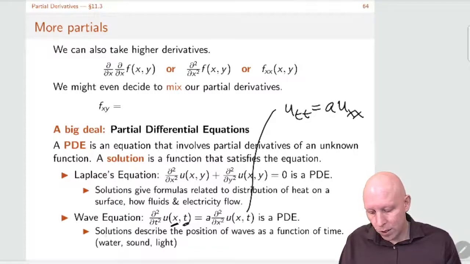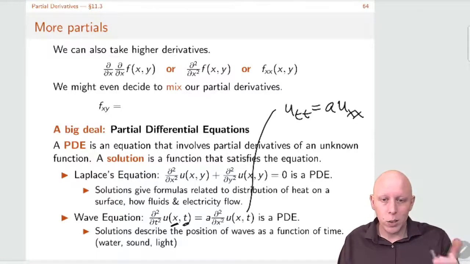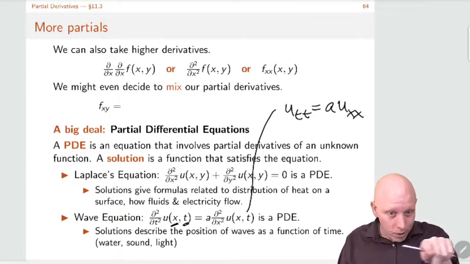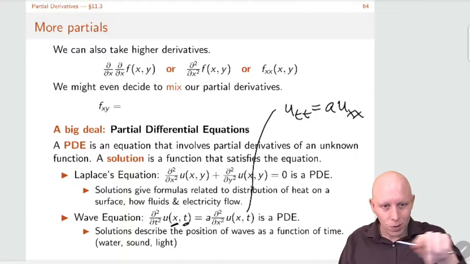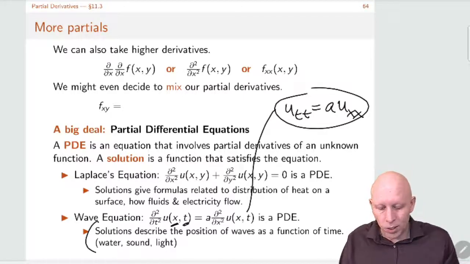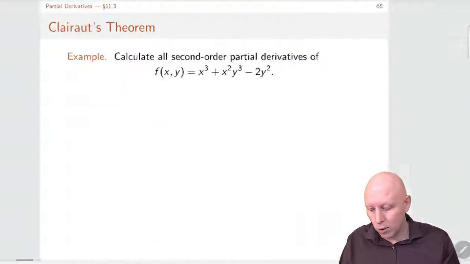And so you can talk about describing the positions of waves as a function of time, which is useful when you're talking about water waves, sound waves, or light waves. This wave equation allows you to find solutions for these physical concepts. All right, so these are examples of partial differential equations. Now let's take some partials.